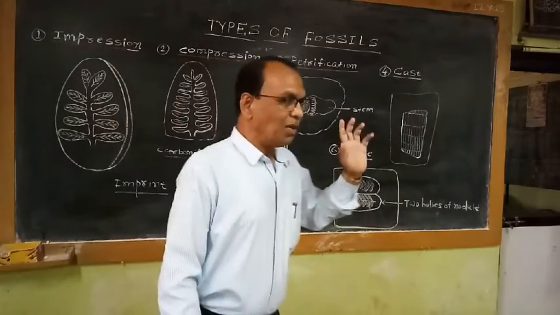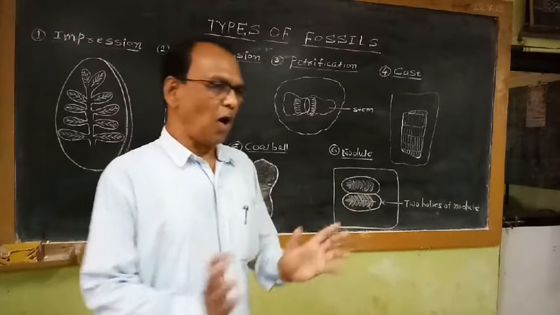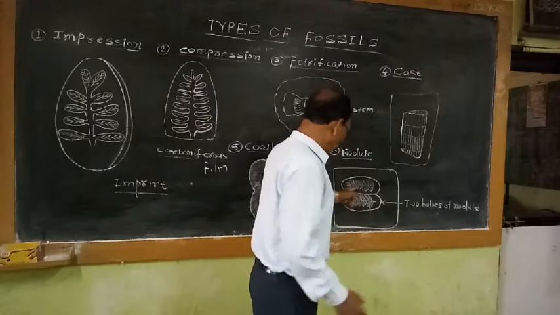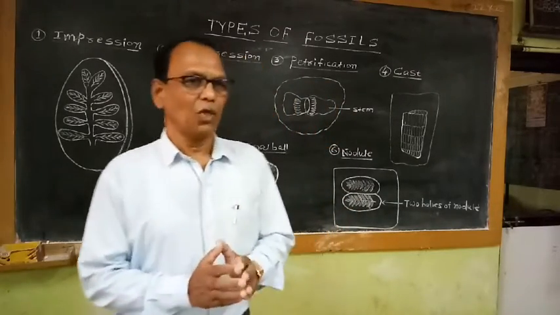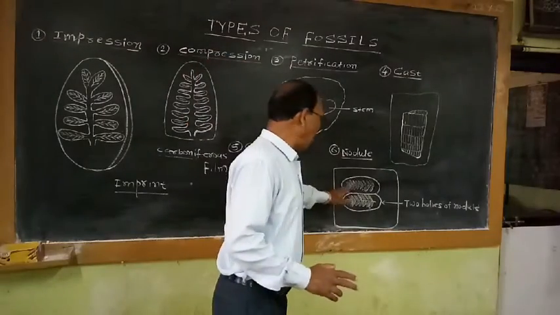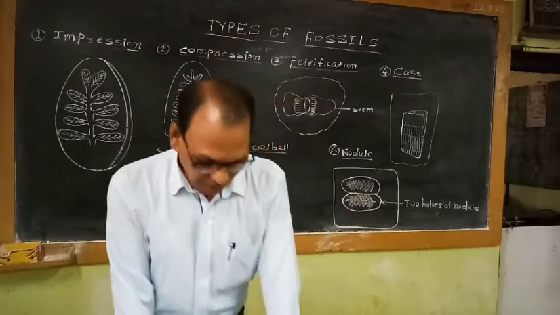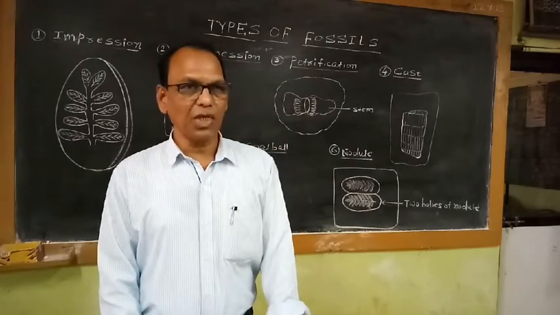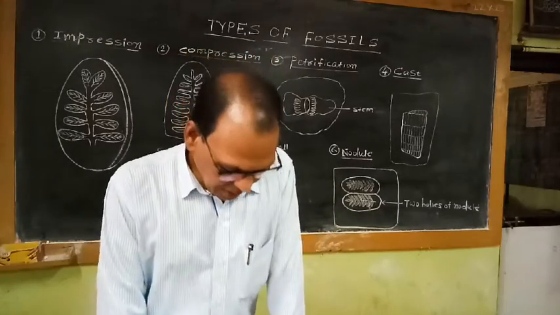That means these nodules show the form or external appearance of a plant organ. That means here a leaf is there. So this leaf shows in the form of an impression or compression type of fossil in the nodule. That means the plant material in a nodule is preserved in the form of an impression or compression type of fossil.